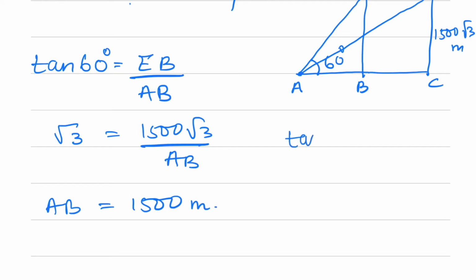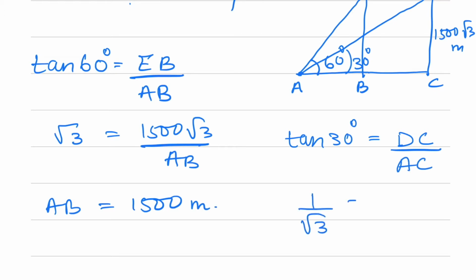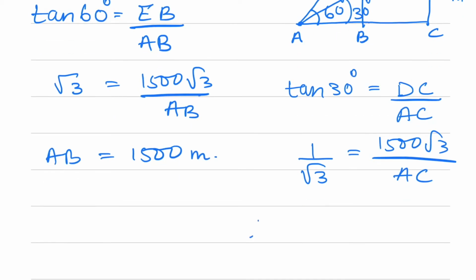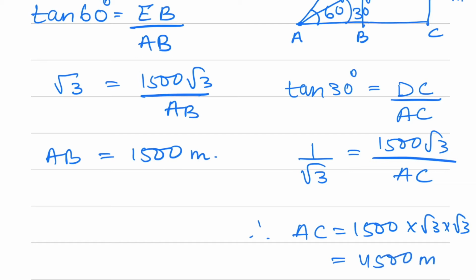So tan 30 degree is equal to DC by AC. So tan 30 degrees 1 by root 3 is equal to 1500 root 3 by AC. Therefore AC is equal to 1500 into root 3 into root 3. So this is equal to 4500 meters.